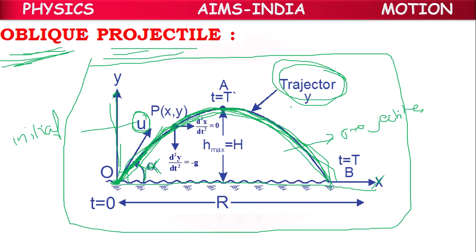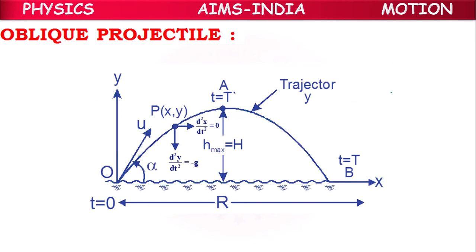Here, we are throwing with a velocity of u, which can be resolved, divided into two perpendicular components, because we are projecting u at some angle theta with the ground. This is the x direction, this is the y direction, and x and y are mutually perpendicular.